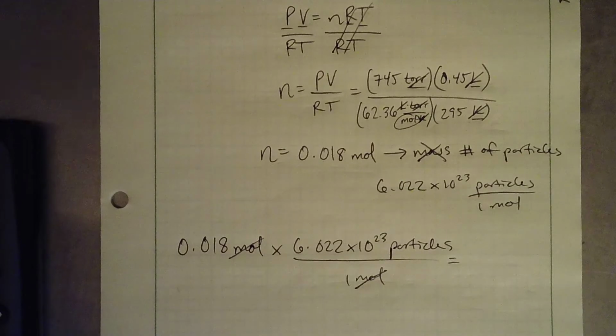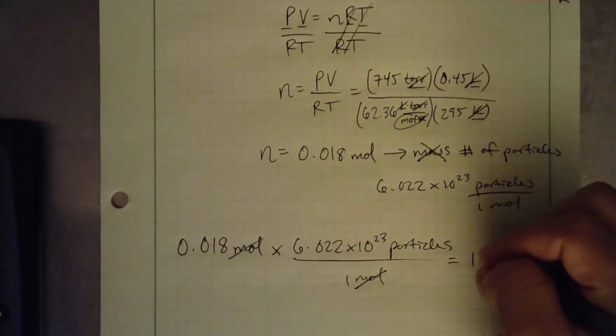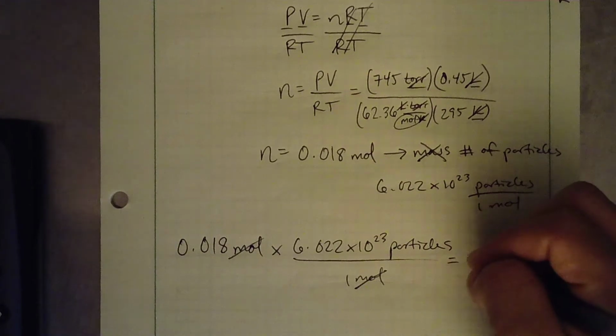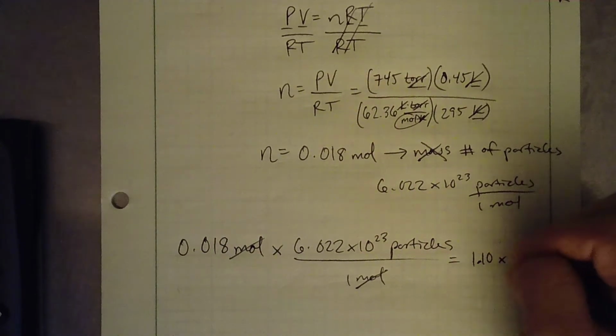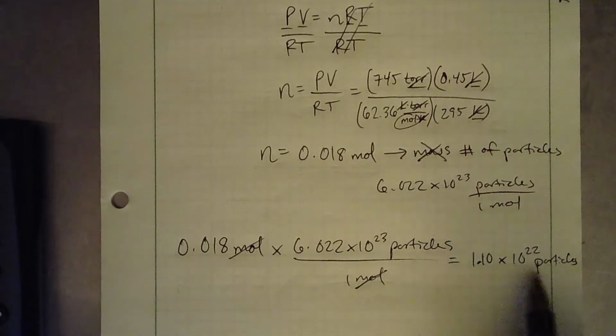Let me do this in my calculator real quick. We get a total of 1.10, with some rounding there, times 10 to the 22nd particles. So you're breathing in this many particles of air.